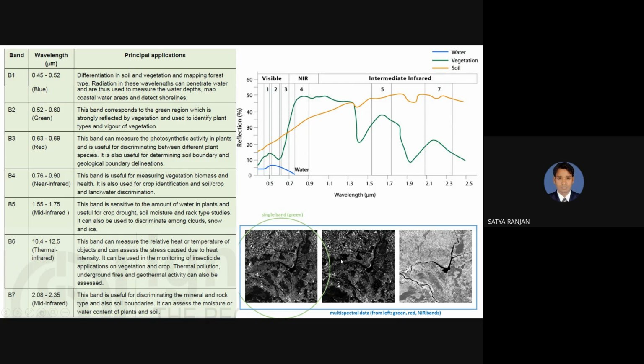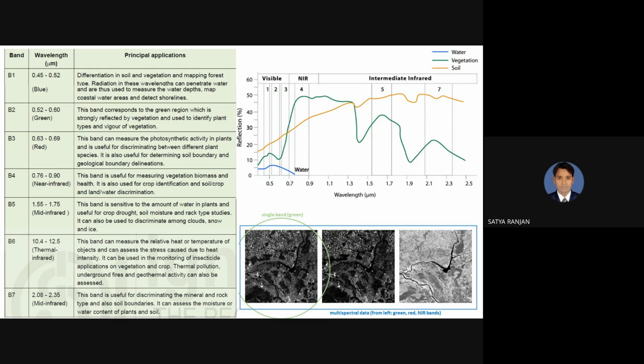There is no differentiation of water bodies, but in the last image, this is the infrared band. All individual bands are in black and white color. So this last infrared band clearly shows the water bodies in black color because of the absorption. It absorbs more in the water bodies and reflects more in the other features.